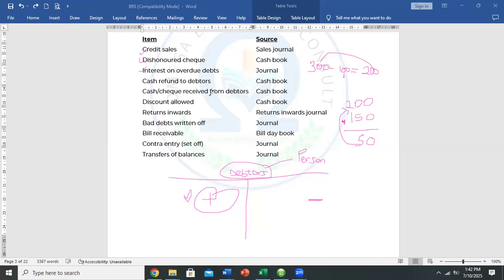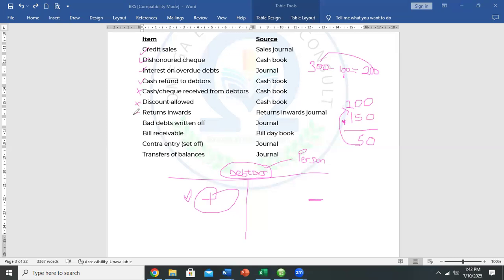Then you have the cash or check receipt. Of course, if you receive a check from the debtor, it is going to reduce. The person is owing you, the person is giving you check or cash, it will reduce the balance. So that one will come to the credit side. So those that are marked with this will go to the credit side. Discount allowed, as we all know, means you are reducing the debt for the person so that the person can pay. Then that will be on the credit side.